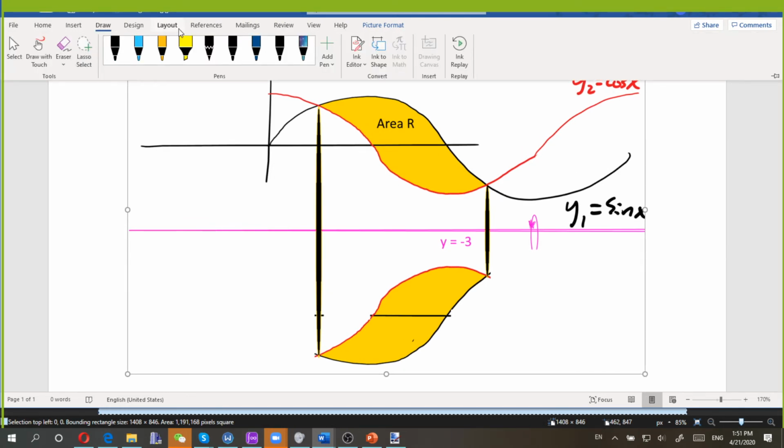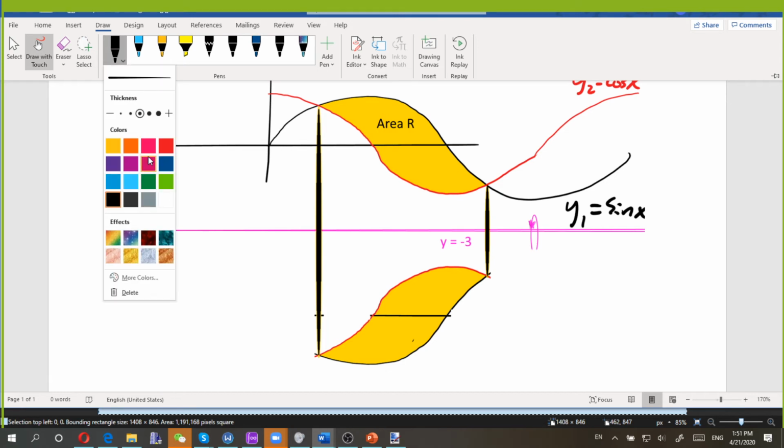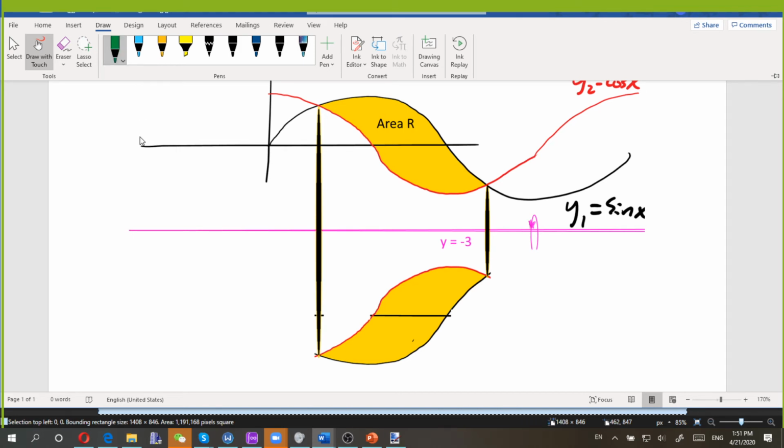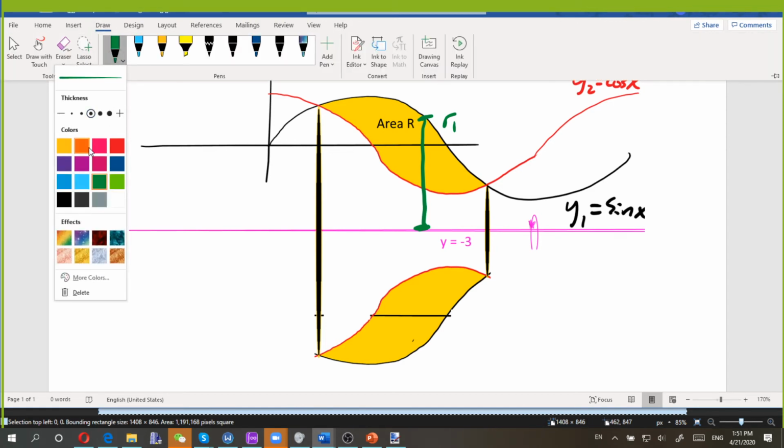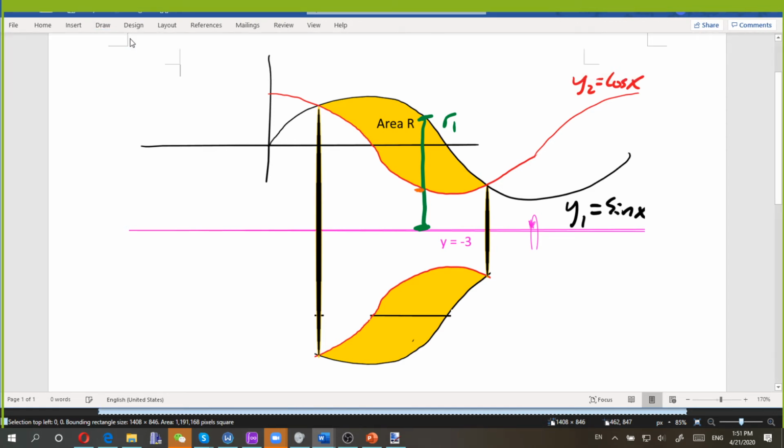All right, so I'm going to pick a point in here and we'll create our radius the same way we did last time. So I'm going to have in green our R1, somewhere here in the middle. My R1 is going to be my distance from my axis of rotation to the outermost function. And then my R2 here in orange would be my distance from the innermost function to the axis of rotation.